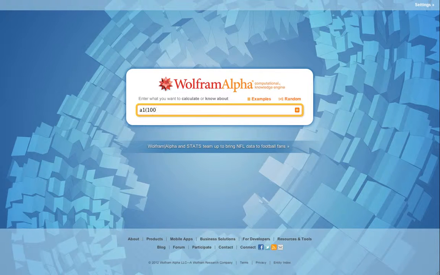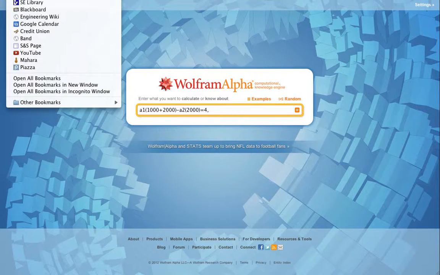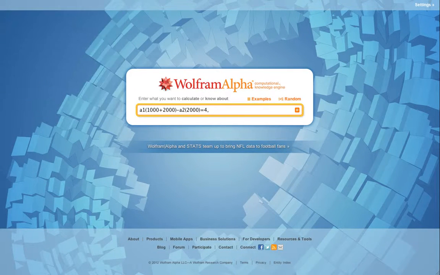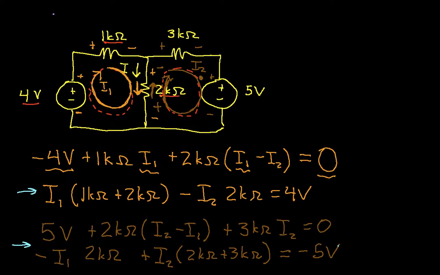So we have A1, which stands for I1, times 1 k ohms plus 2 k ohms, minus A2 times 2 k ohms, and this is equal to 4 volts, if I've done that correctly. Okay, yeah, it looks like I did it correctly.